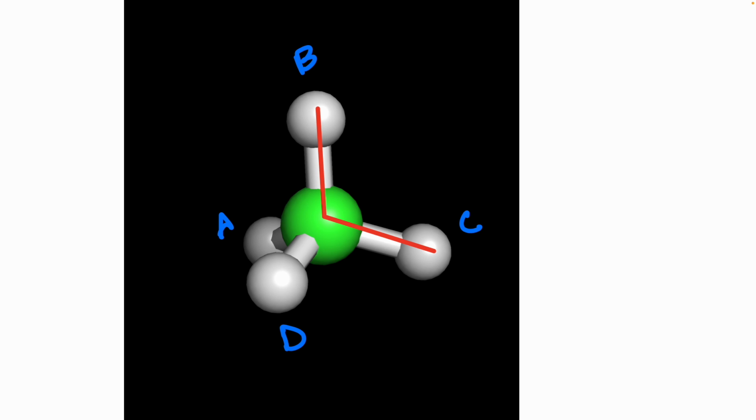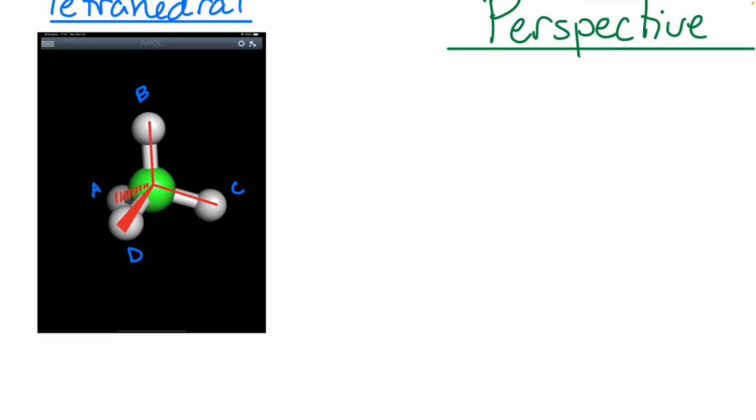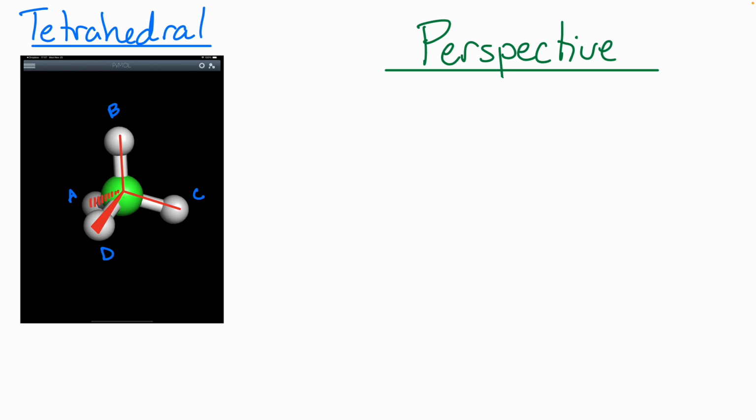A wedge, because this bond is now pointed out towards me. So I'm going to use a little wedge shape here. All right, and then what about A? A is pointed into the board. So I'm going to use one of those dashed bonds for A. All right, so just to copy this over here, this is our perspective drawing for that tetrahedral geometry.